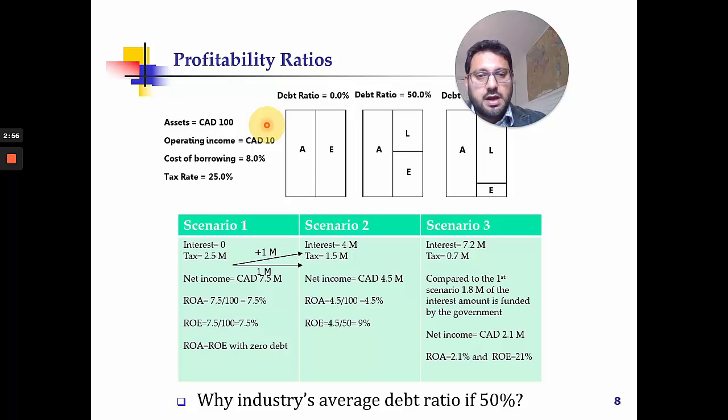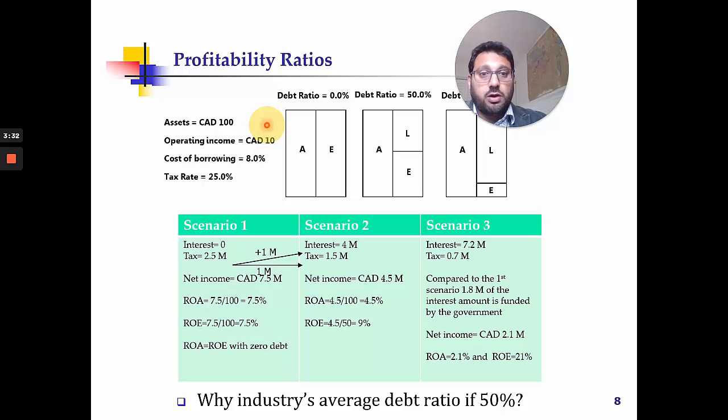Now, if this is the situation, why could the industry average be 15%? Say we have a company, and this is actually not the number from Lululemon. That's important to mention, I just created this number. If the industry's average debt ratio is 15%, the reason is that there can be high risk when we start using a lot of debt, and then we have to pay a lot of interest.